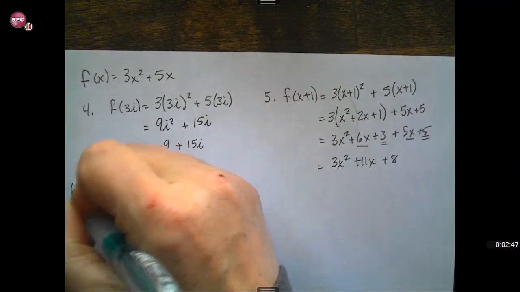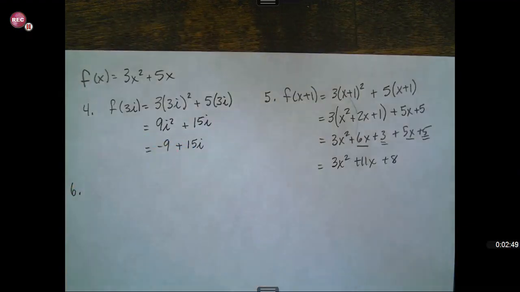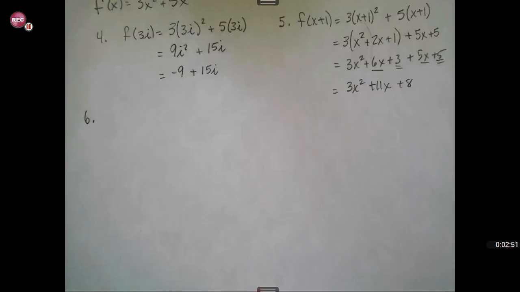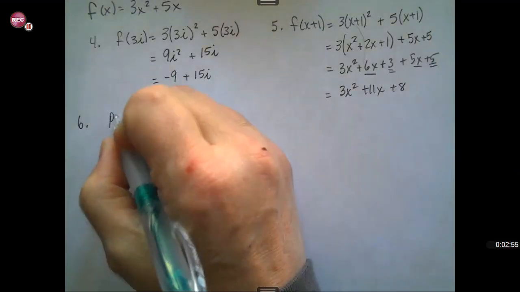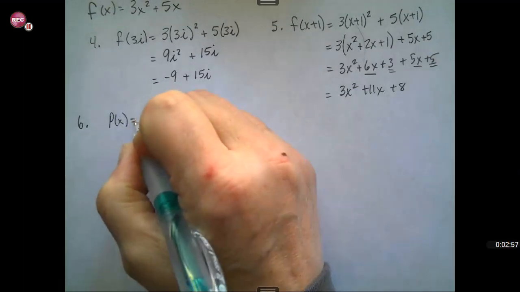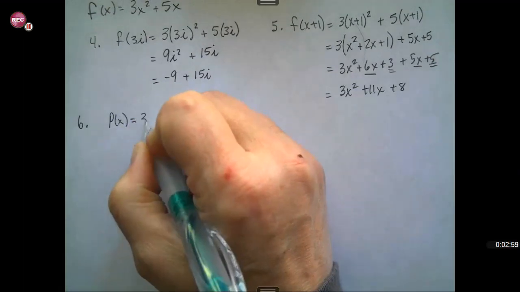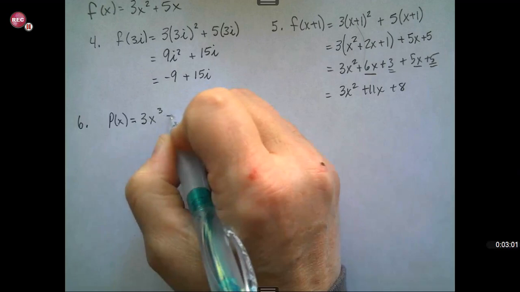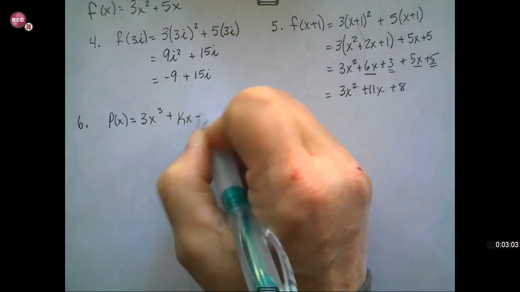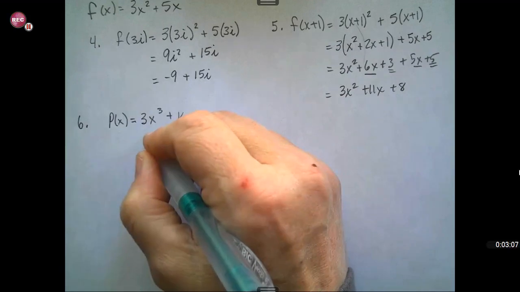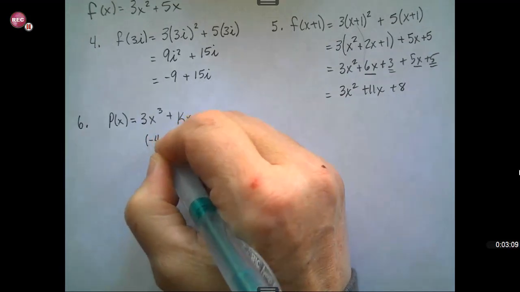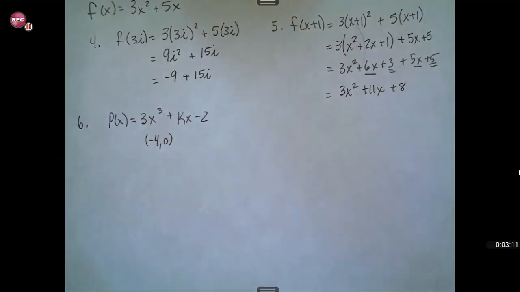Number 6. Negative 4 is a 0 of the polynomial P of x equals 3x cubed plus kx minus 2. And if negative 4 is a 0, that means that the ordered pair negative 4, 0 works in that equation.